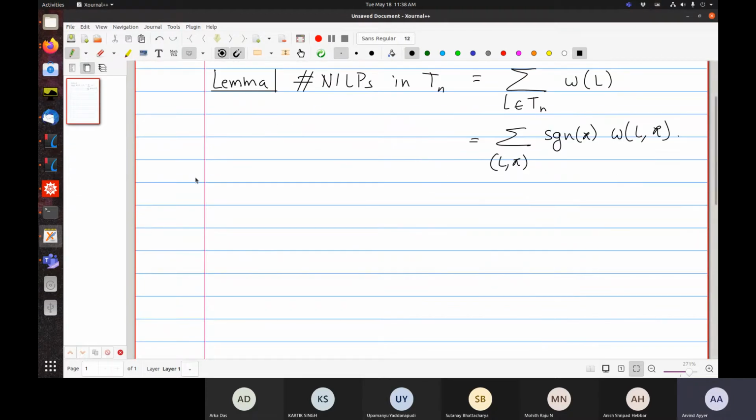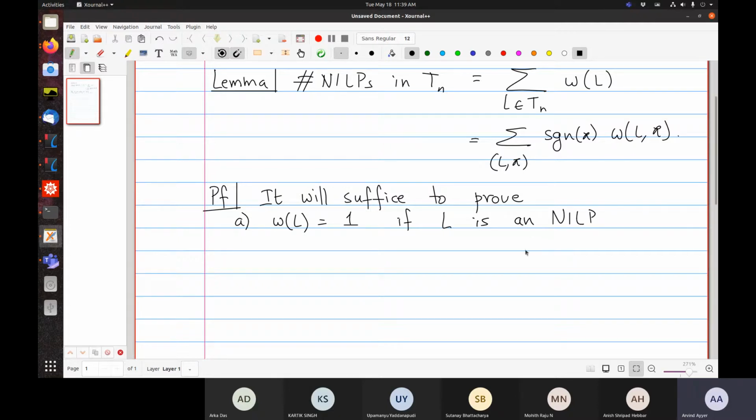Okay, so let me go towards the proof. It will suffice to prove two things. A is that the weight of a family of lattice paths is 1 if L is a non-intersecting family. So if L is an NILP, then its weight will be 1.